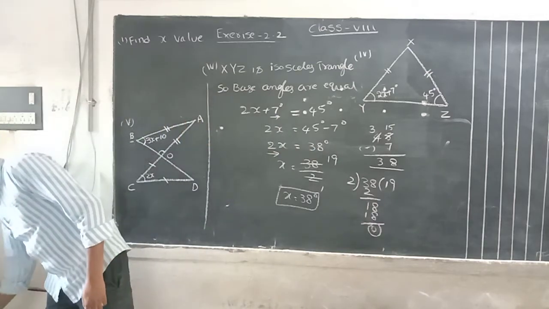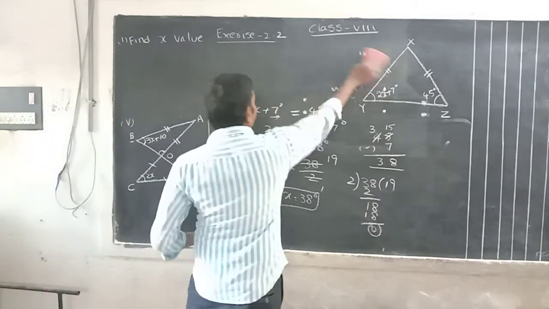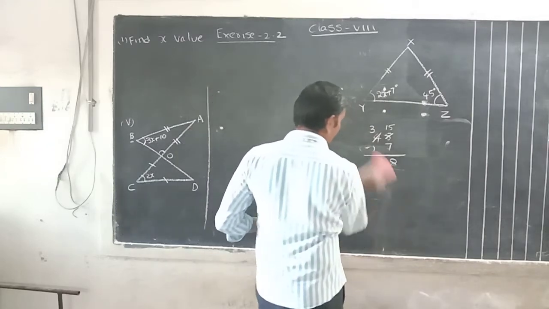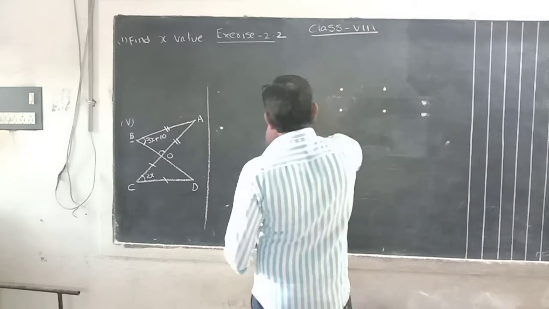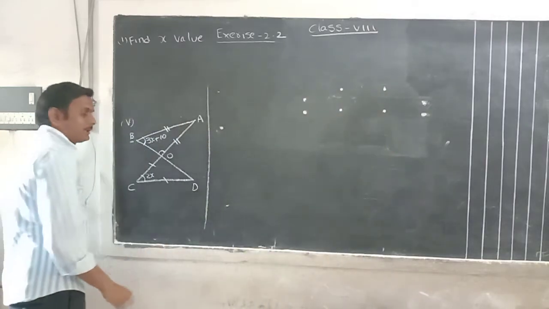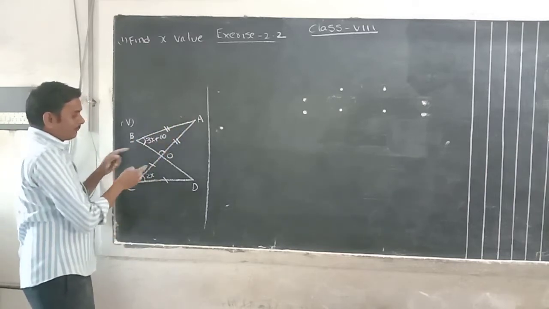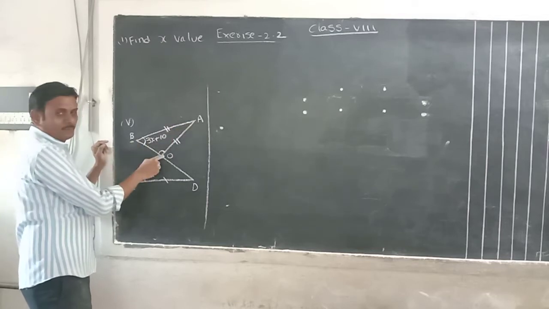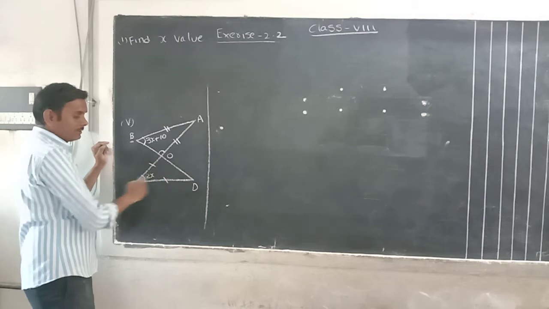Now we will go for the next question. Fifth question. The fifth one is how to use the given data to identify the angles. Okay, this is triangle ABO. This is the picture given. In this, two triangles are given: ABO and another triangle COD.